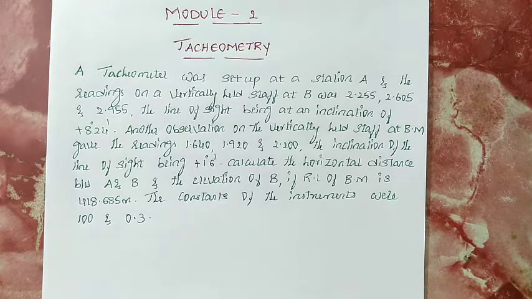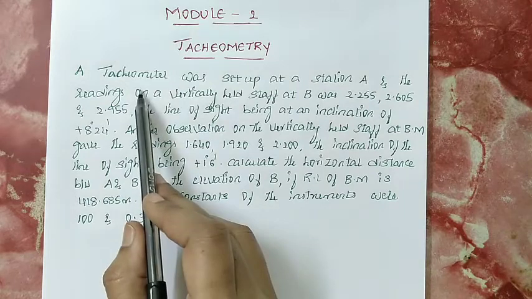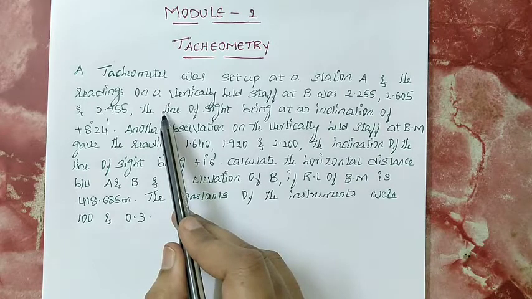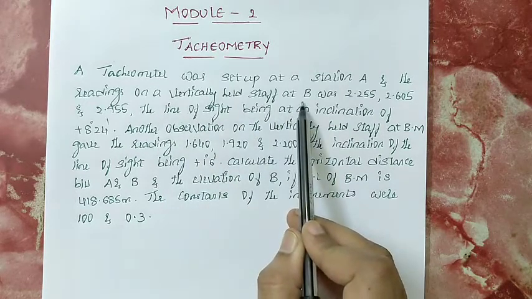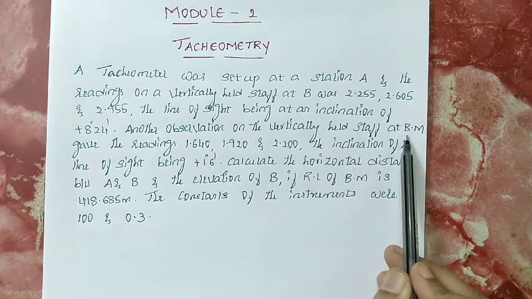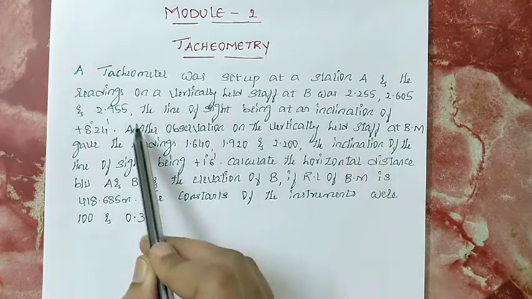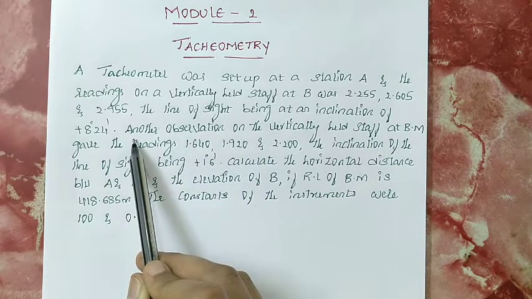Read out the problem carefully. You can observe here a tachyometer was set up at station A and simultaneously two observations were taken at the station B as well as on the benchmark, and the respective stadia hair readings they have given and the respective angle of inclination they have given.